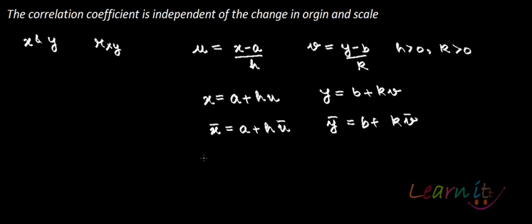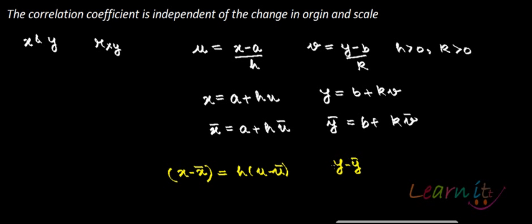So if you write x minus x bar, what will you be getting? h times (u minus u bar), and y minus y bar is equal to k times (v minus v bar).